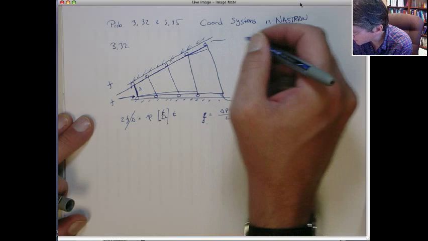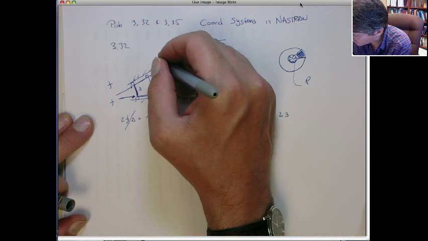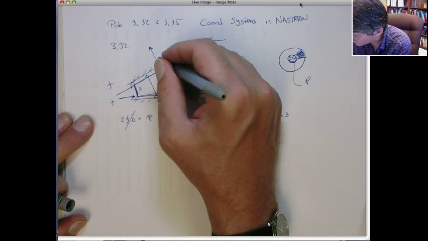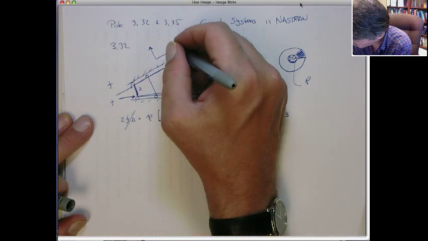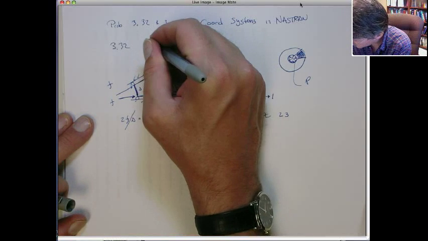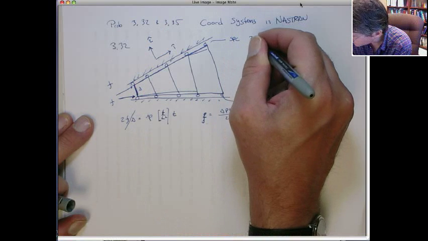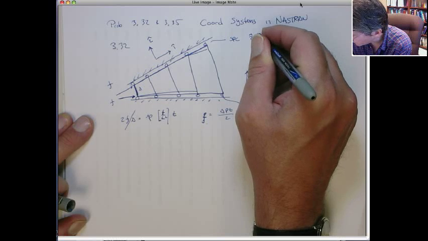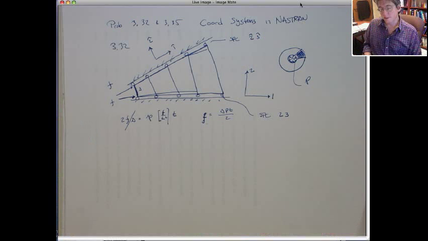Now on this edge, it's not fixed in 1 or 2. It's got to be fixed in this direction. All right? So I'm going to call this 1 hat and 2 hat. And you want this actually fixed in 2 hat, well, in 3 or 3 hat, because they're really going to be the same. So you need to define an alternate coordinate system.